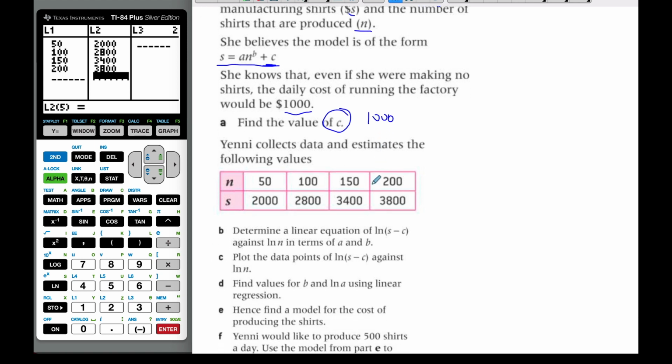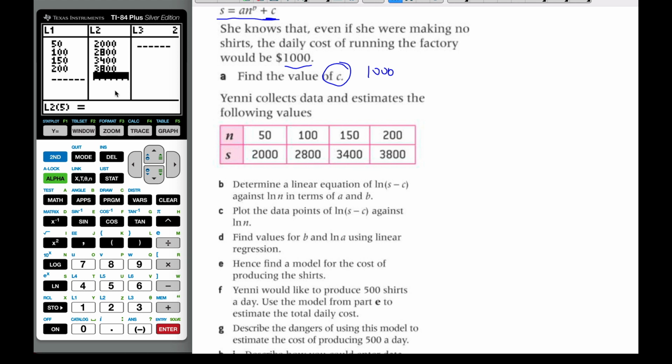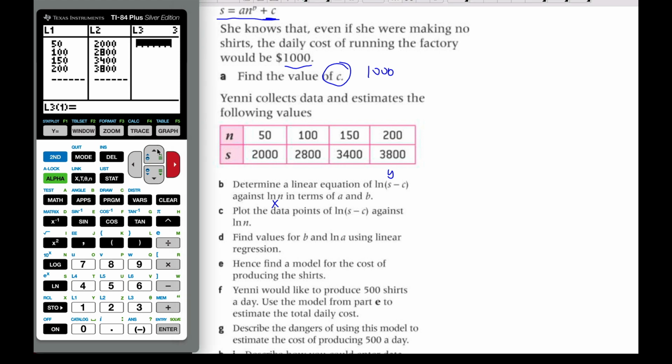She then collects data and estimates the following values, and I've already put them into my calculator here. To determine the linear equation of the natural logarithm of S minus C against ln N, we want this to be our y and this to be our x to get a linear equation. So we need to create this. In L3, we're going to do the natural logarithm of L2 minus 1,000.